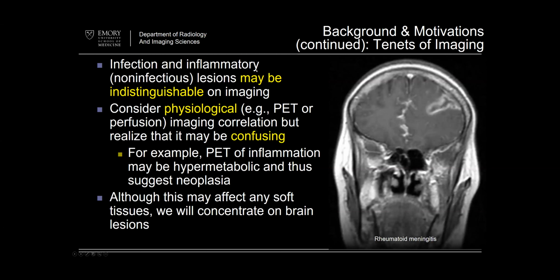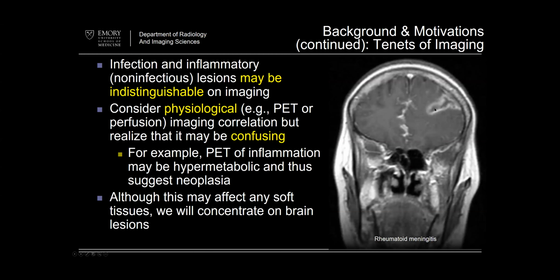That reminds me to say that if you're going to use any advanced neuroimaging, whether it be perfusion or what have you, be very careful about looking past the conventional neuroimaging, so that you don't find yourself overcalling something based on the advanced neuroimaging. For example, if you do spectroscopy of tumefactive MS, it may look a lot like a brain tumor. So just be very careful about using the advanced neuroimaging.